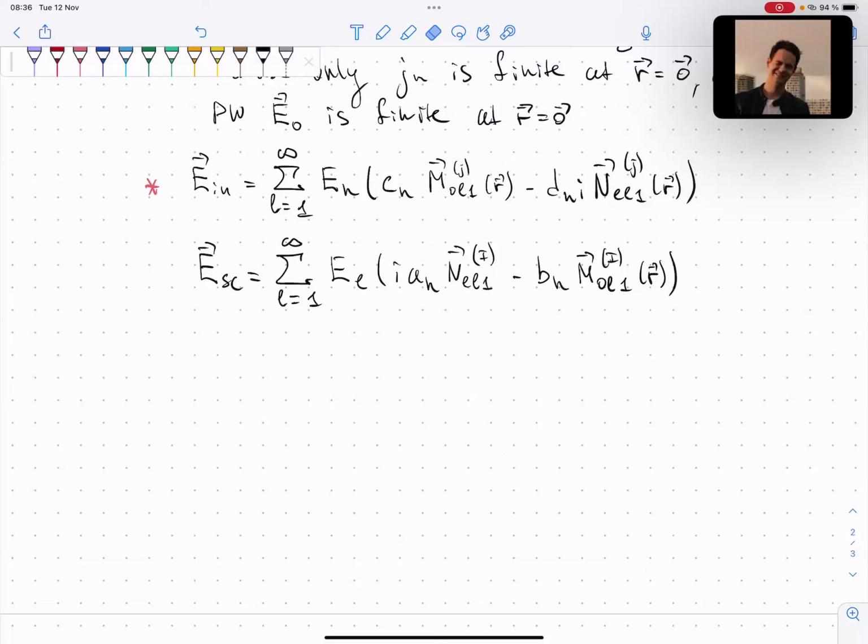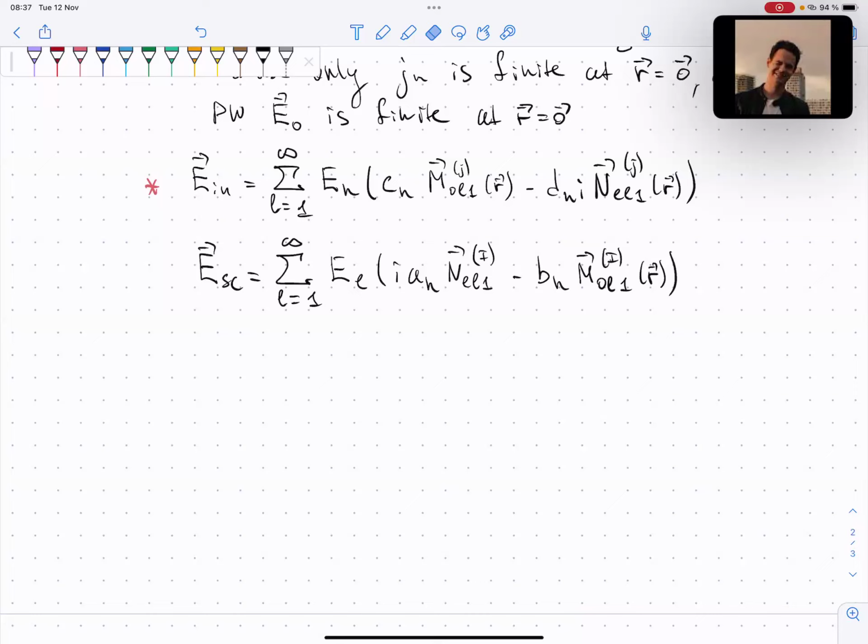They start to oscillate and produce an electric field both inside and outside of the resonator. So the material of the resonator produces fields inside the resonator and the scattered field.